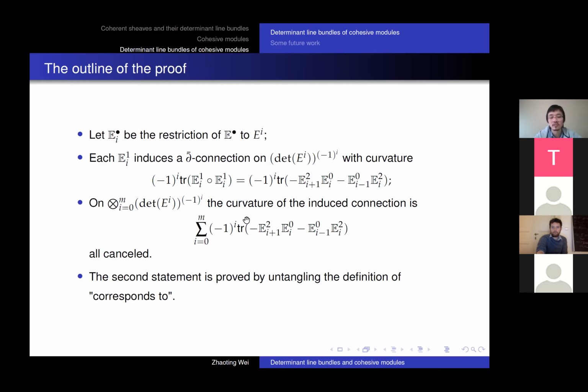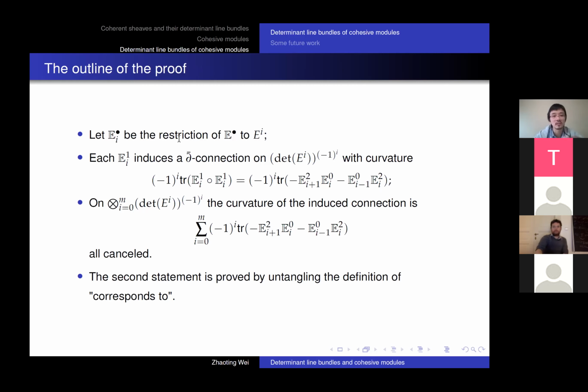And since we are taking trace, we see that E^2, E^0 in the previous component and E^0, E^2 in the next component get canceled. So if we take the sum, the sum is 0. So this means that E^1 is not a flat connection on E_i or the determinant of E_i themselves, but on the tensor product of the E_i, magically they canceled, so the result is a flat connection.